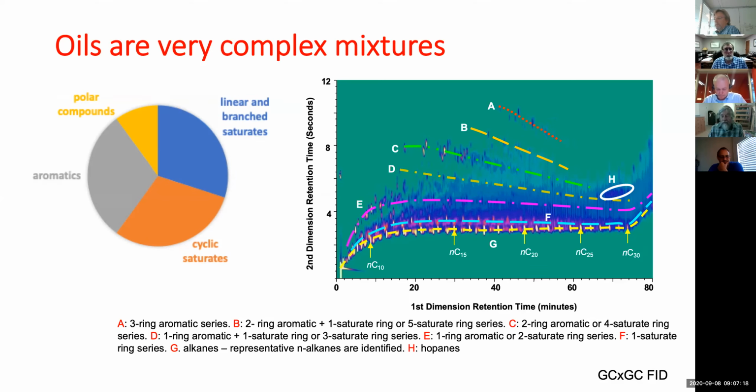It may well have all sorts of cyclic rings, all sorts of alkyl foliage all over it. But the way we separate these things, that would go into the aromatic bucket. Similarly, the cyclic saturates have tremendous alkyl substitutions, but we separate them this way into cyclics. Only the linear and the branched saturates are guaranteed ring-free.